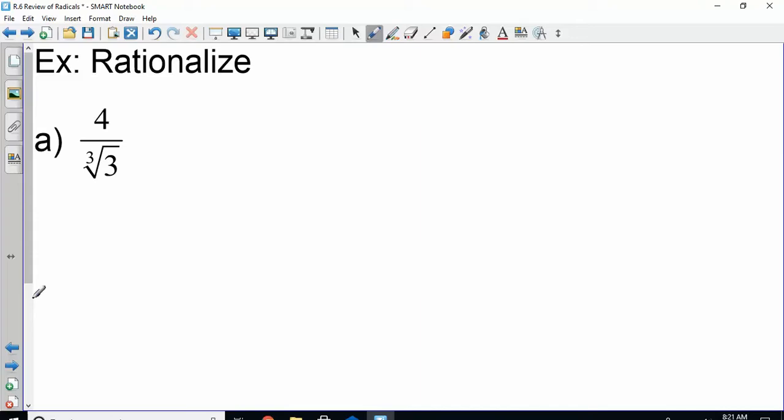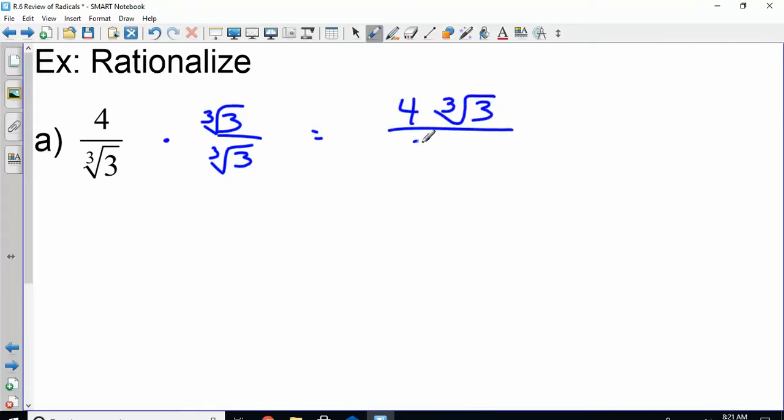It's a cube root. If I just multiplied by the cube root of 3 on top and bottom, you get 4 cube root of 3 over the cube root of 9. Did that get rid of it? No. So we have to do something a little bit different.